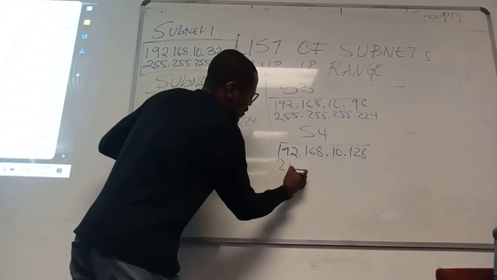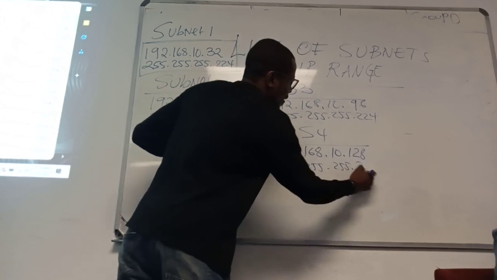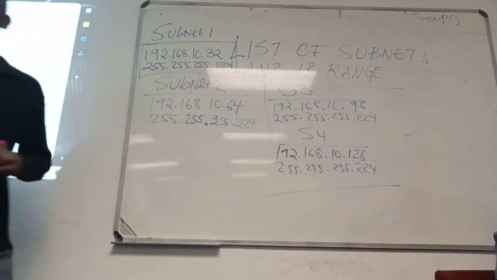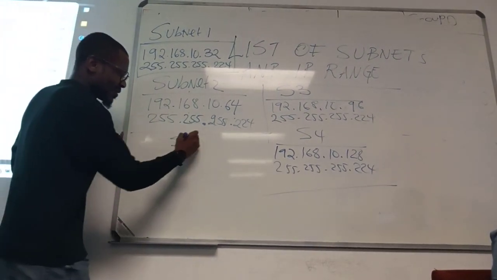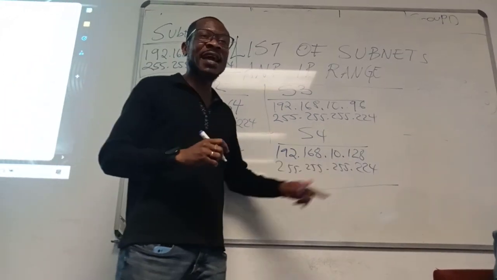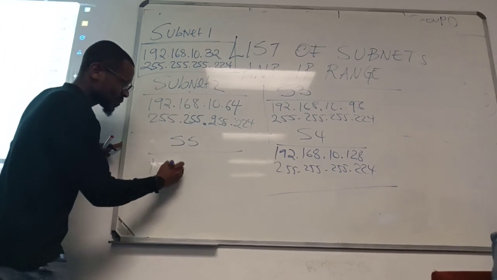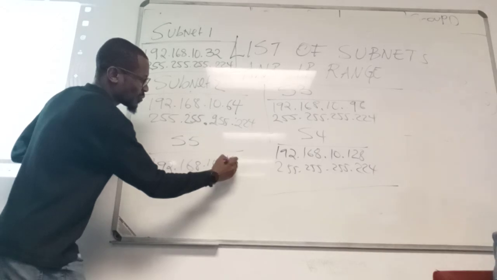Thank you. Okay. Now, subnet number 5. We're going to increase again by 32. Dot 10 dot what? 160. Thank you.